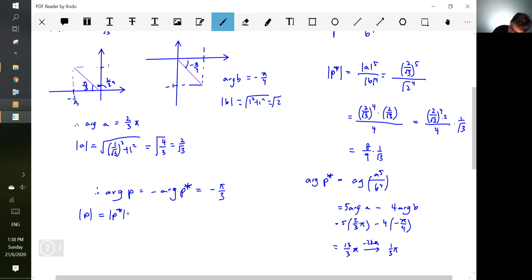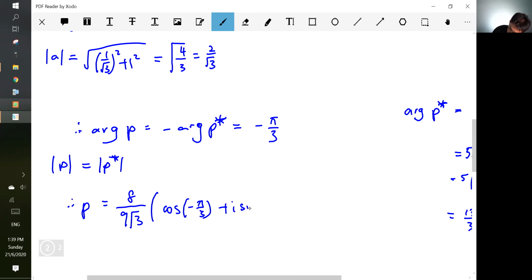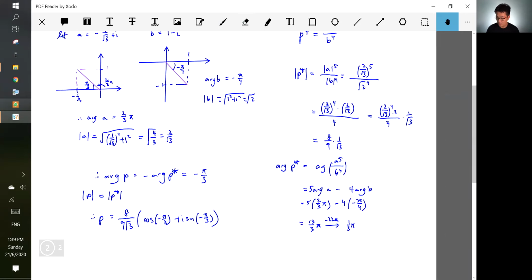Modulus P is equals to 8 over 9 root 3. Okay, just like that.